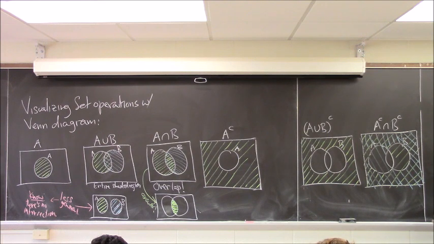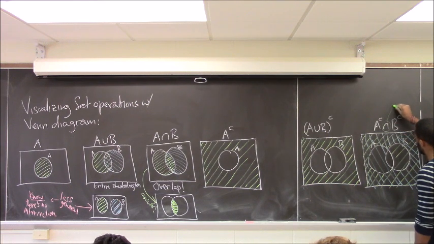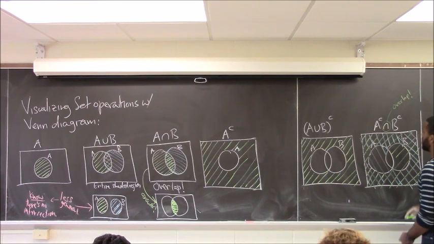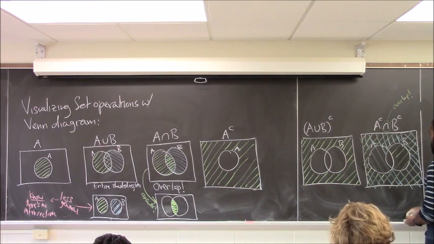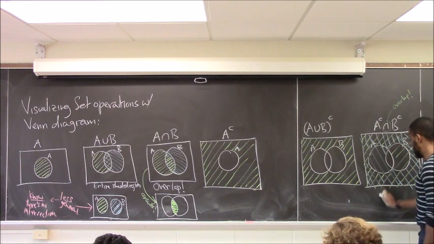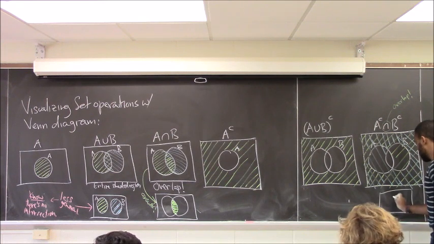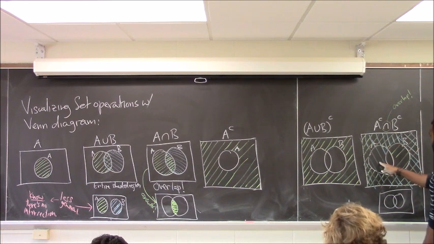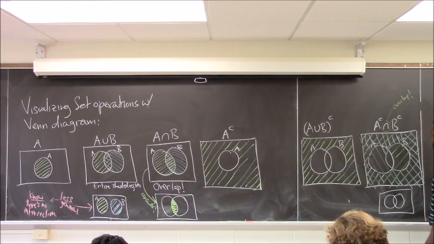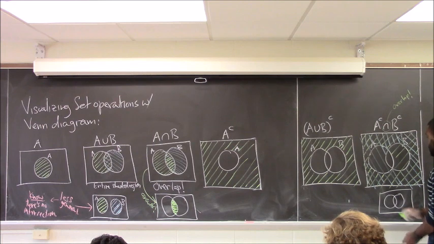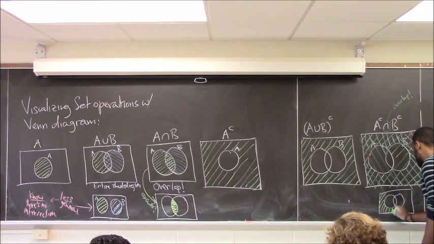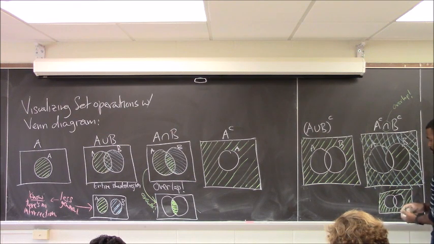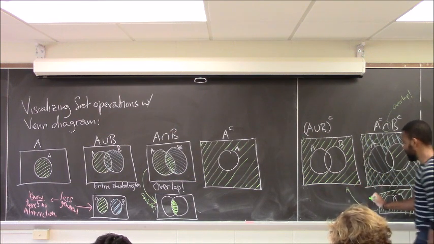This means the places that were double shaded. The place that was only shaded once is not going to work because that doesn't work in the overlap. So this ends up being everything outside the circle, which you might notice is the same picture.